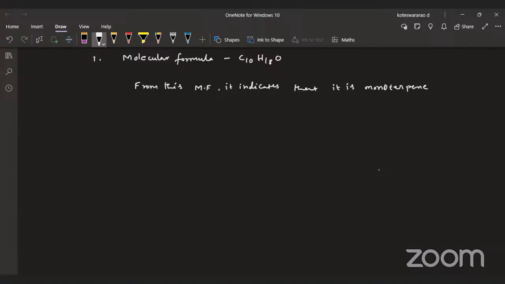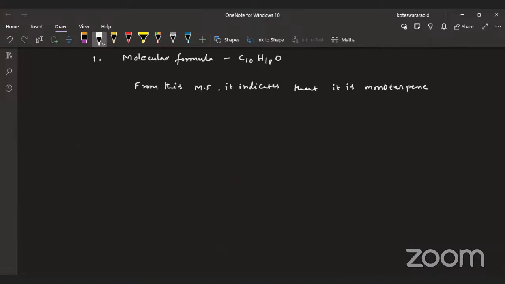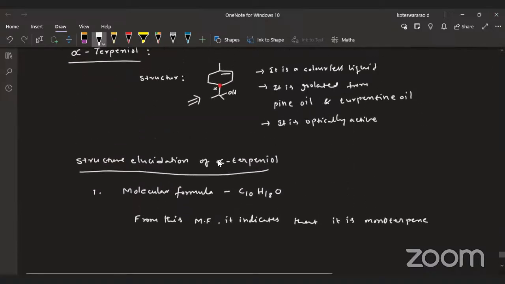Now, previously in the structure discussion, we gave the statement that it is optically active. Here also that is important.